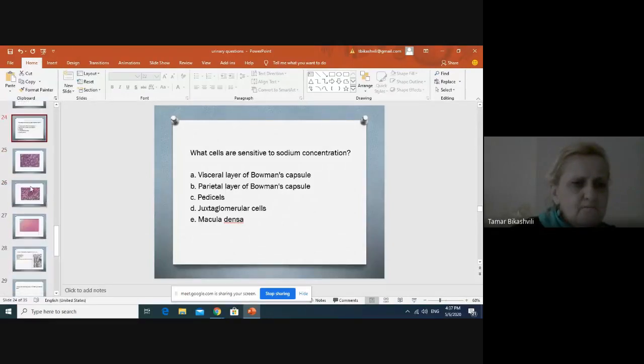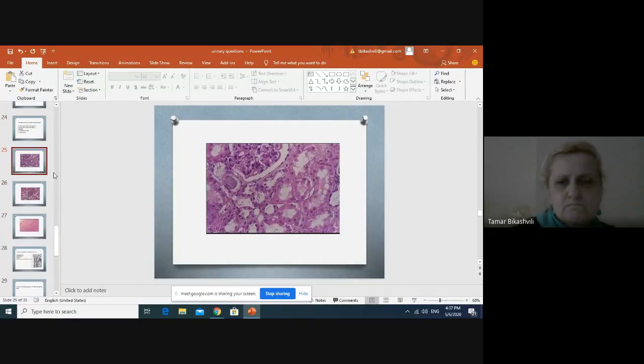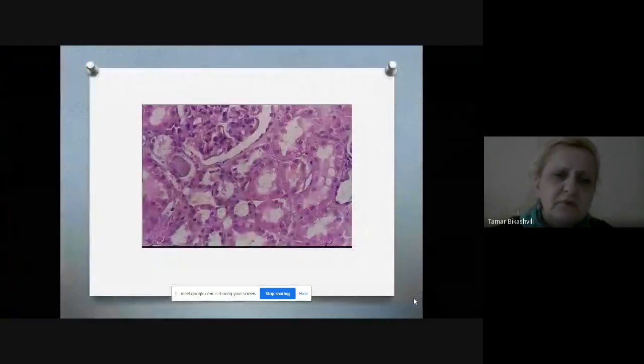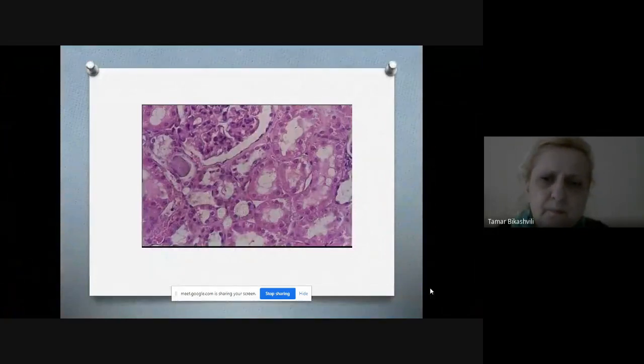Then, how do you think, what is this? I'll show more magnification. For example, these tubules are proximal convoluted tubules.